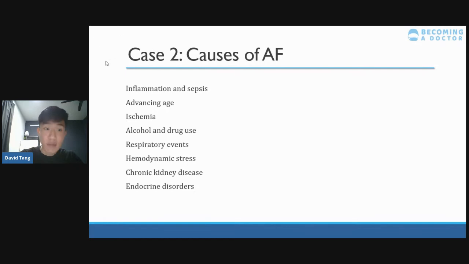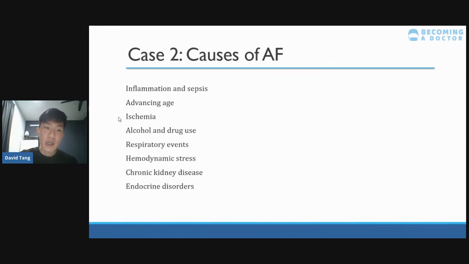These patients can develop AF. Advancing age: almost 8% of patients above the age of 80 get AF, and this is just from the fibrosing of the cardiac muscles. They might not have any underlying cardiac disease, hypertension, or diabetes to predispose them to AF. So age on its own is a risk factor.